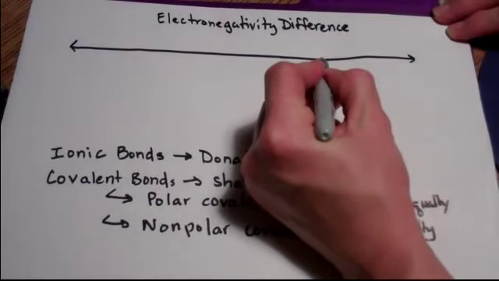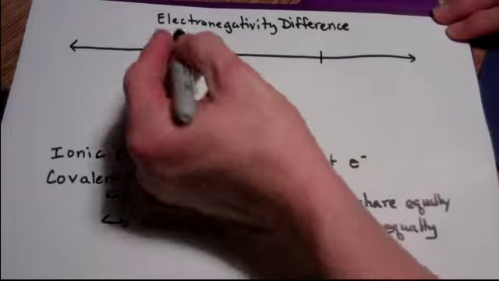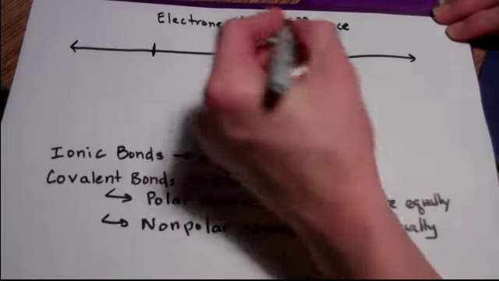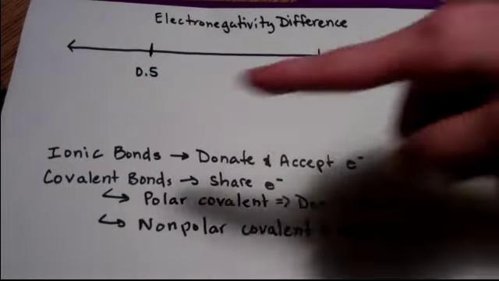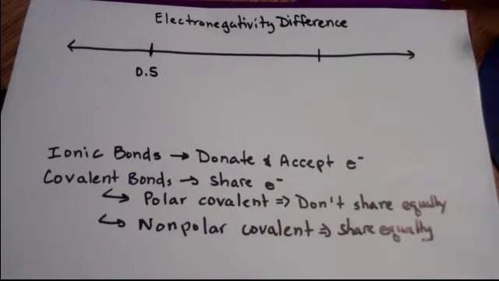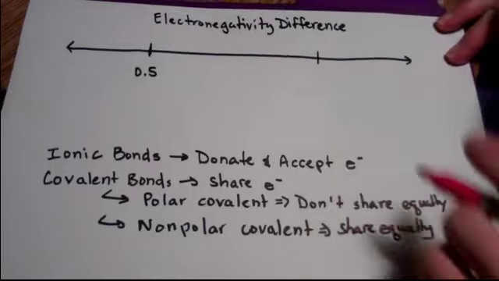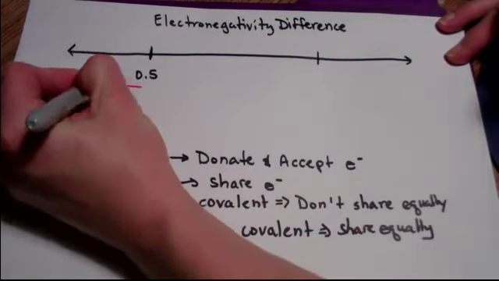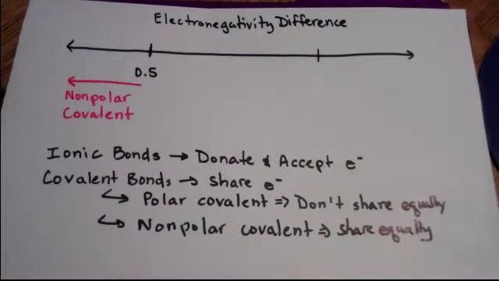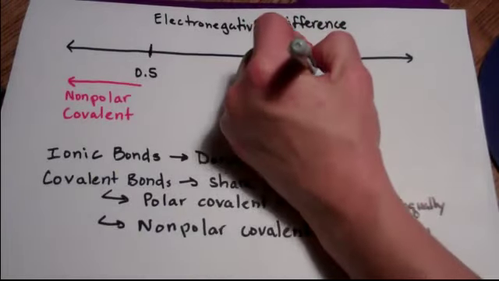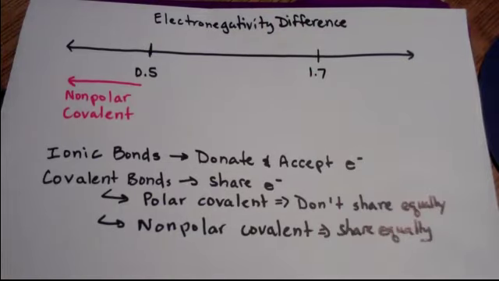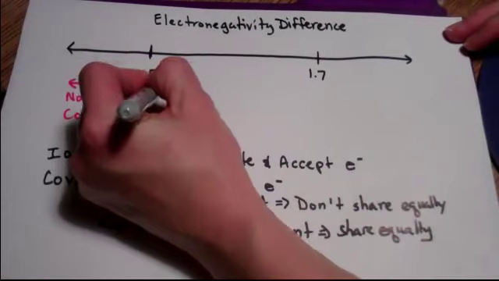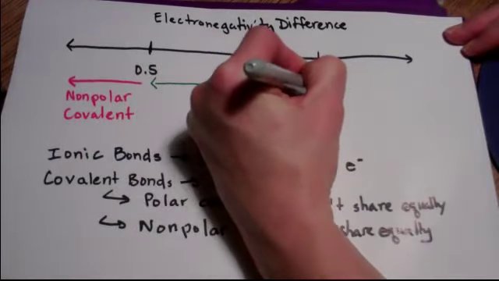So if our electronegativity difference between the atoms involved in the bond is less than 0.5, so it's going to be on that side of our continuum, this is where we're going to have nonpolar covalent bonds. So if our bonds are between 0.5 and 1.7 in their electronegativity difference between the atoms involved in the bonds, this is where we're going to get a polar covalent bond.